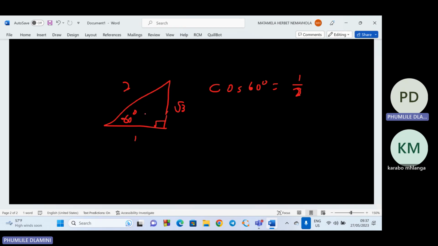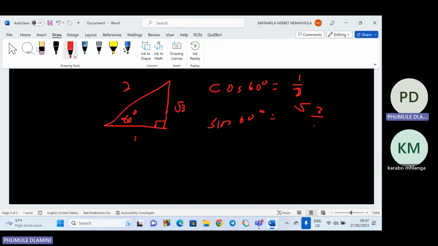So if you have to find sine 60, your sine 60 degrees equals opposite, which is square root of 3 over 2.